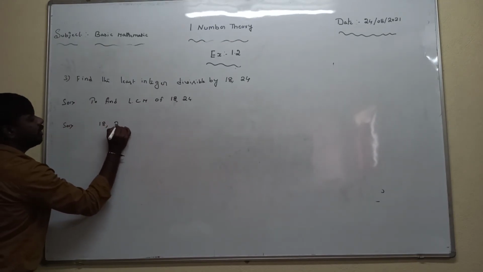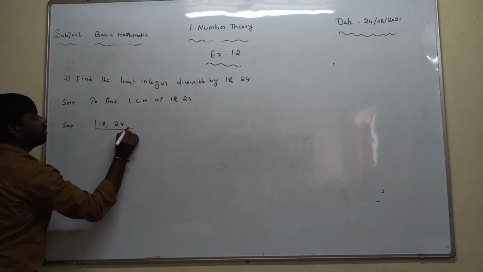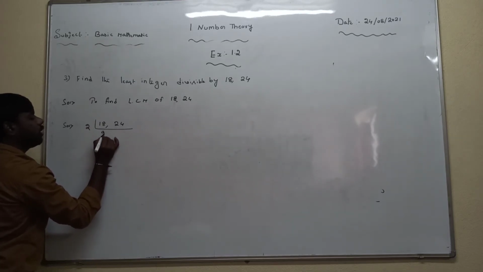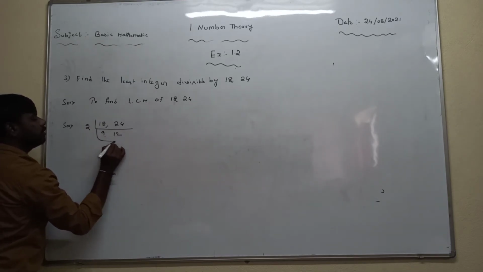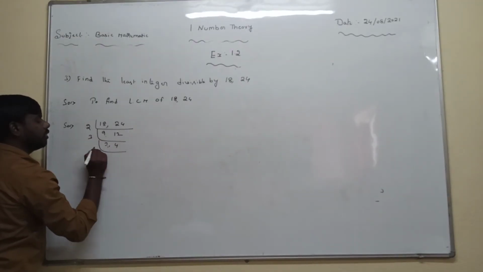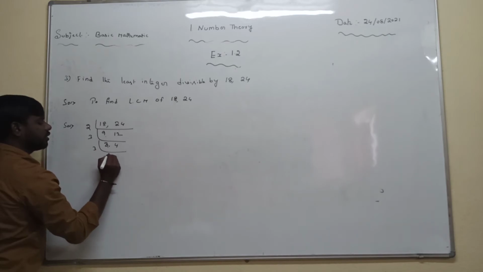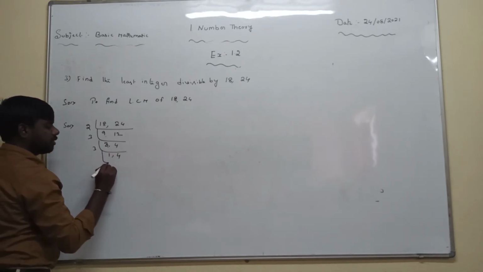So divide all the numbers by a common prime number. So 2 9s are 18, 2 12s are 24. Next 3: we take 3 3s are 9, 3 4s are 12. Next 3: 3 1s are 3, 4 is not divisible by 3, that's why 4 is written as it is. Next 4: you can take 1 comma 1.